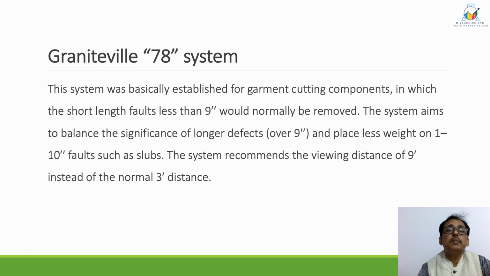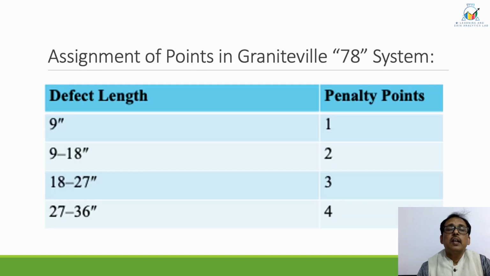The system recommends a viewing distance of 9 feet instead of the normal 3 feet. The assigned points in the 78 system: defect up to 9 inches 1 point, 9 to 18 inches 2 points, 18 to 27 inches 3 points, and 27 to 36 inches 4 points.